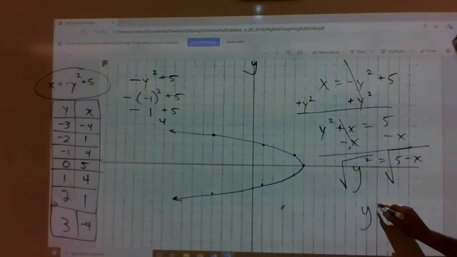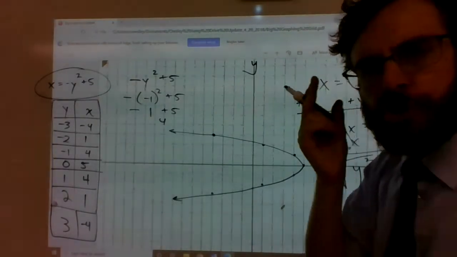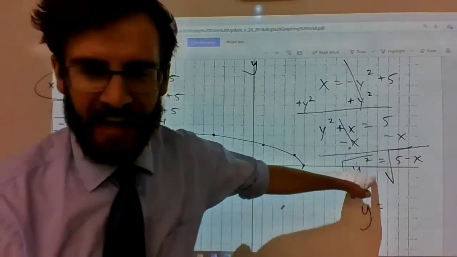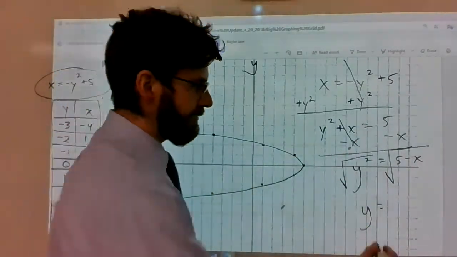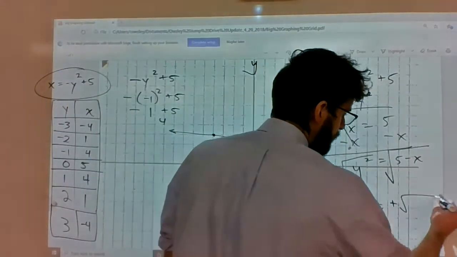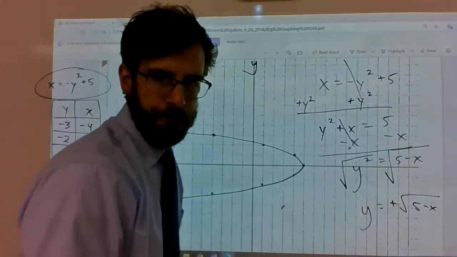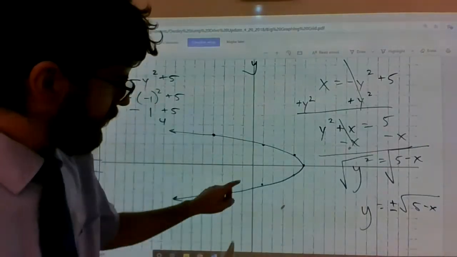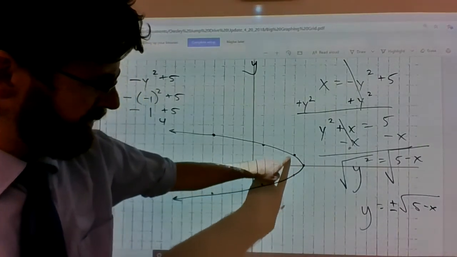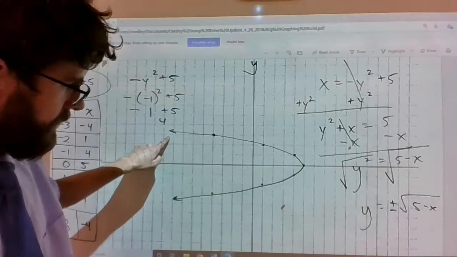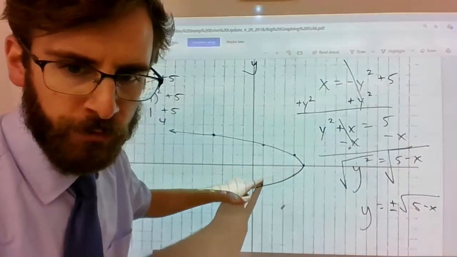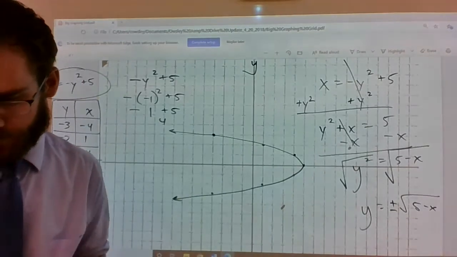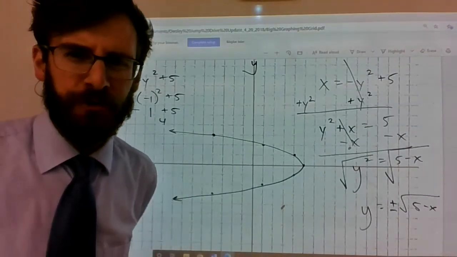If I get y by itself, I've actually got 2 separate functions inside here. One is the positive root of 5 minus x. The other's the negative. So here's the positive version of root 5 minus x, and here's the negative version of root 5 minus x. All right, so I think this makes sense so far.